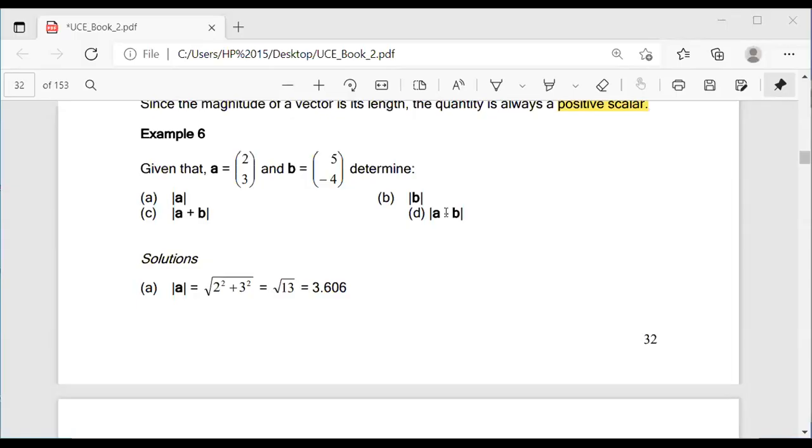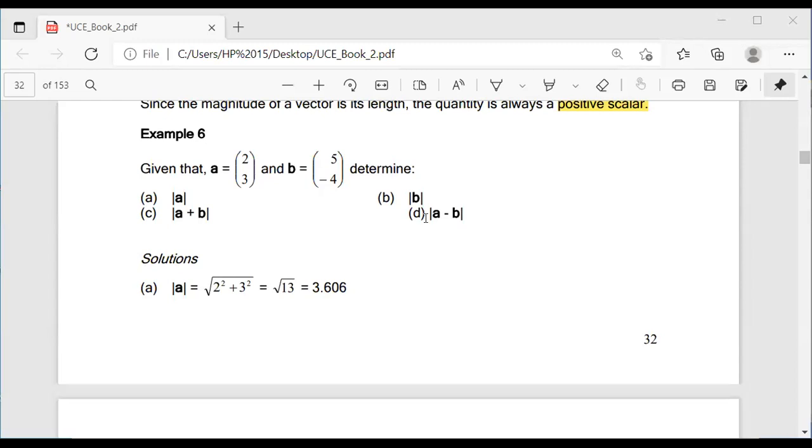Let me show you the question, part D. So part D was A minus B, isn't it?